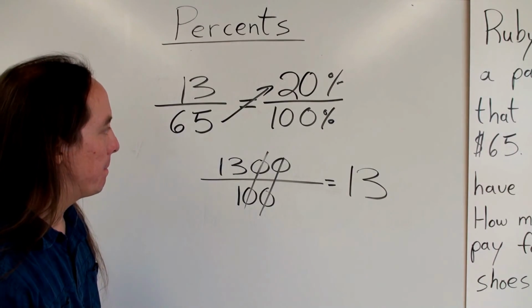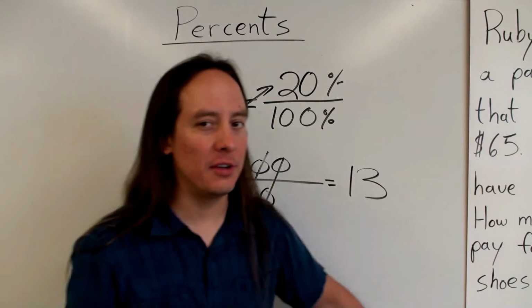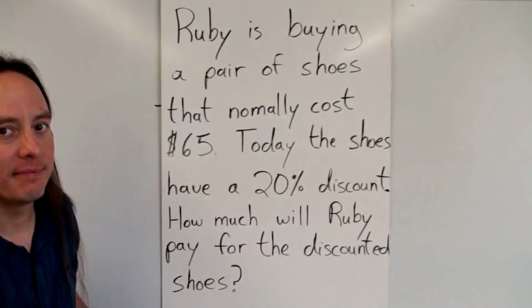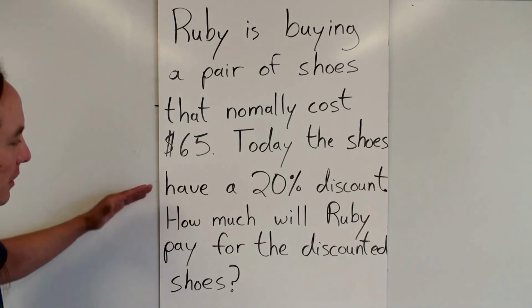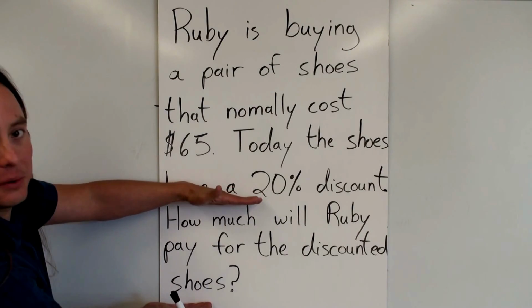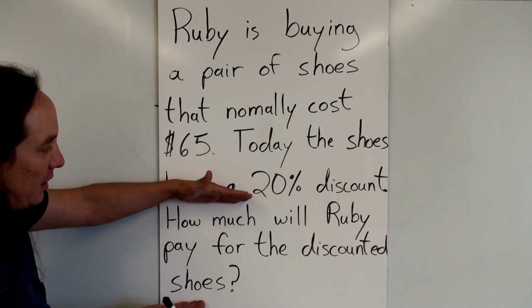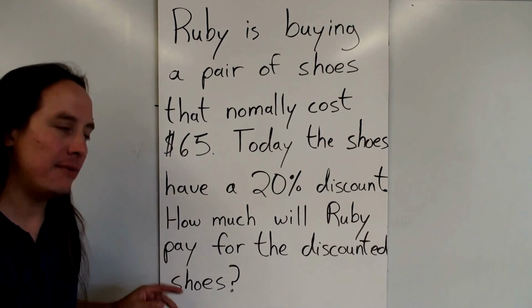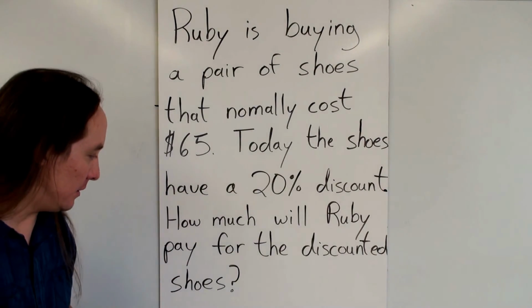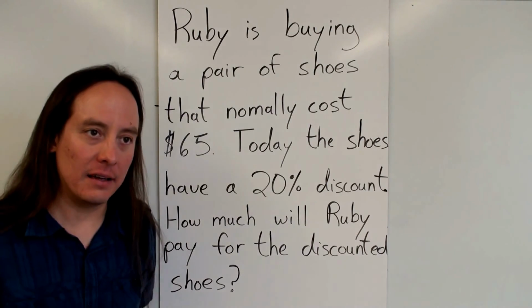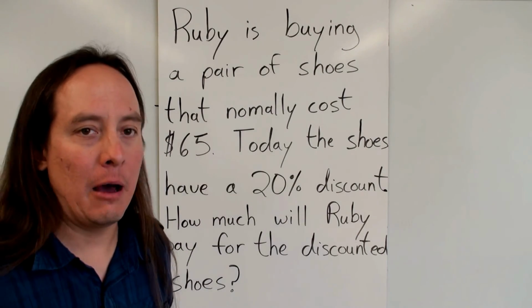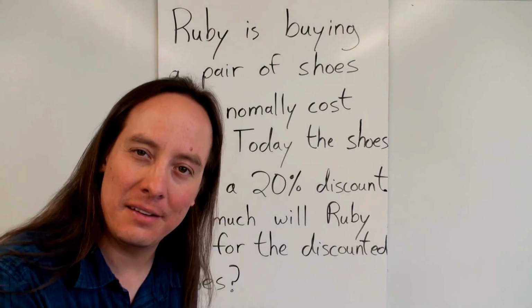All right. But let's read the question one more time. This is really where the tire hits the road, so to speak. This is where we have to really pay attention. How much will Ruby pay for the discounted shoes? It's not asking us how much will be discounted. Do you see the difference in that kind of question?